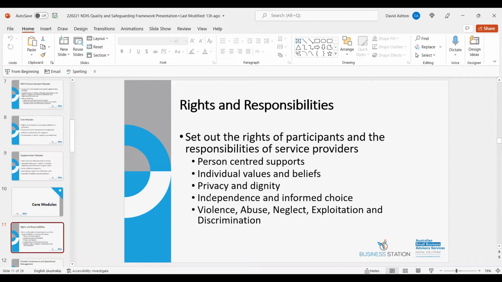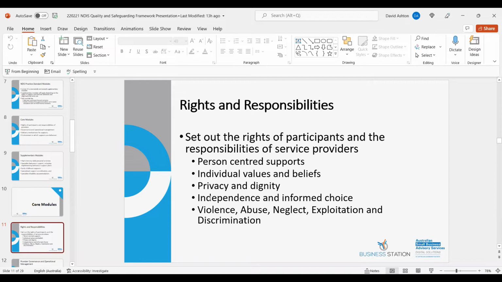You need to be responsive to the needs of the individual and provide information in a language or mode of communication in terms that they are most likely to understand. So the information that you provide needs to be in an accessible form, and you also have to engage with their family, friends and chosen community in which they live.